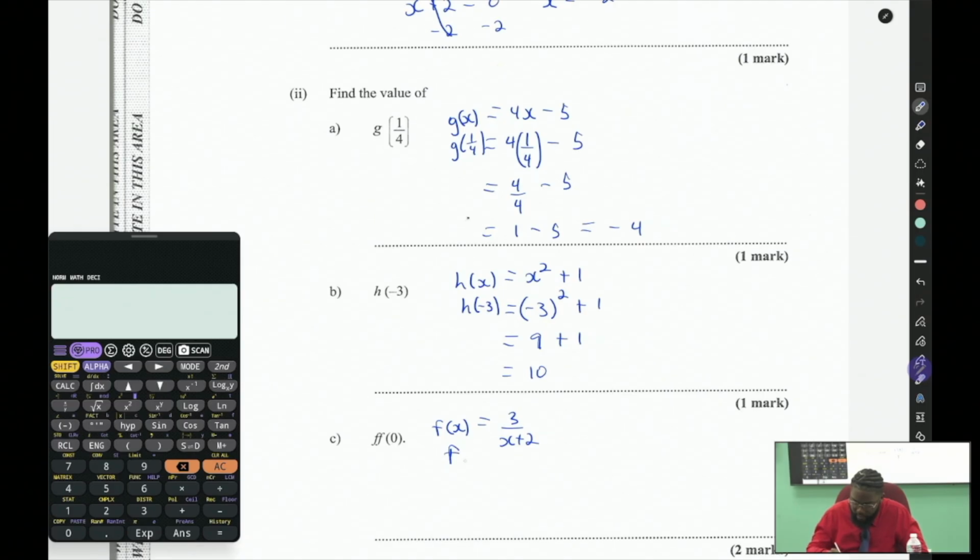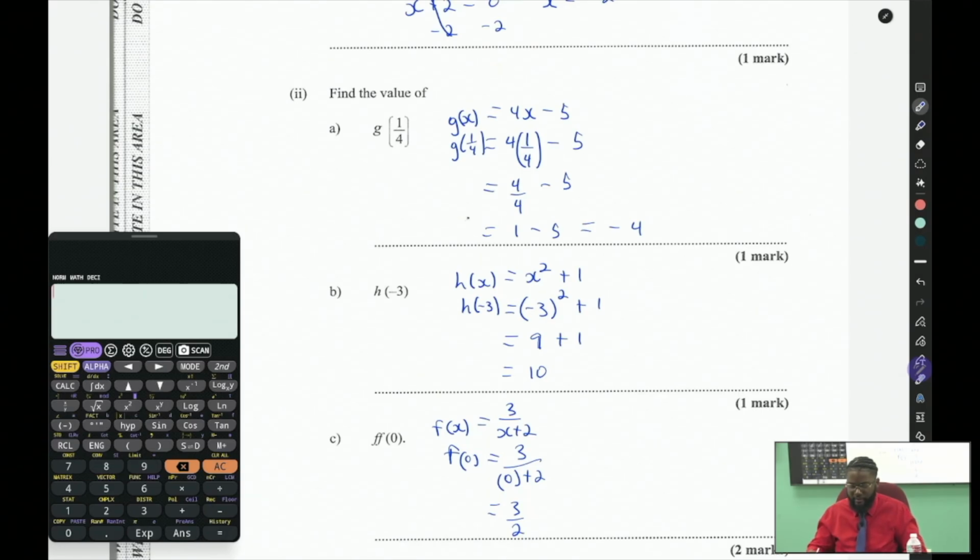So f of 0 would be equal to 3 divided by x, which will be 0 in this case, plus 2, which will give us 3 over 2.